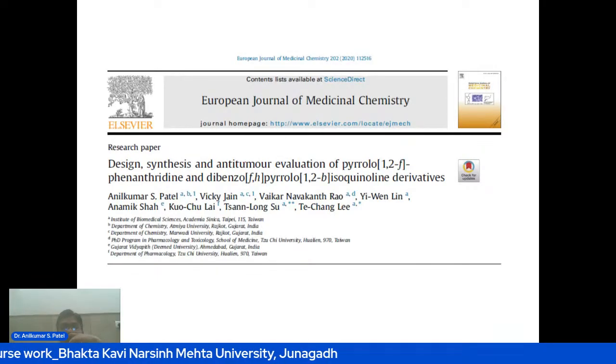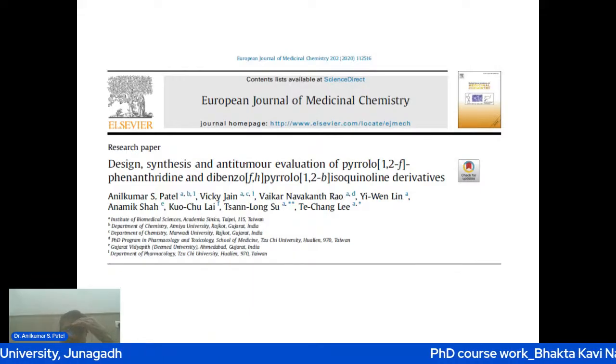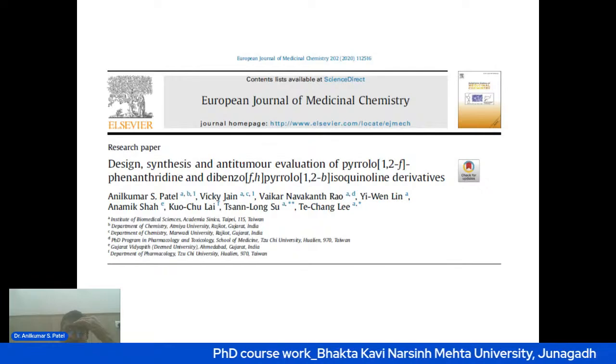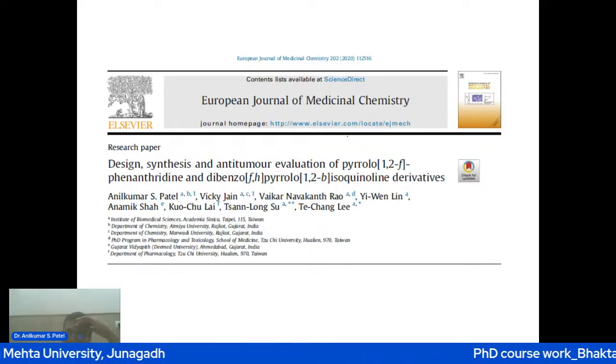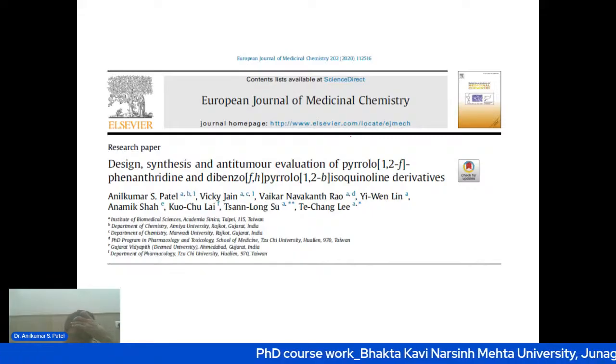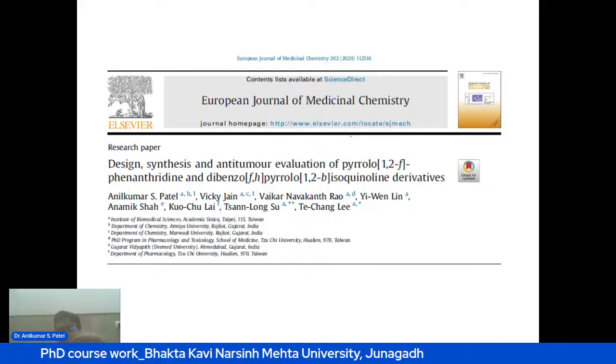We have seen several drug designs through the benzologue approach, functional group modifications, and lipophilicity enhancement. All these works we have published in well-reputed journals, the Journal of Medicinal Chemistry as well as the European Journal of Medicinal Chemistry.